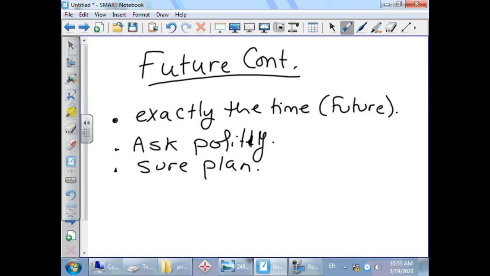You're sure that on Saturday you will be going to your friend's house. Now there are some keywords, for example, in a few hours, because you know exactly when the time is. So in a few hours, days, weeks, months, and so on, because you know exactly when it will happen.